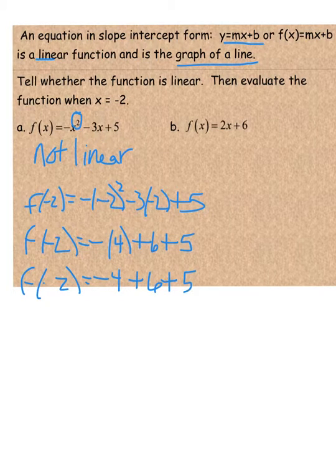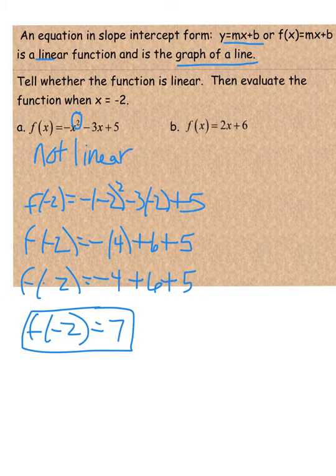And it looks like the value of the function when x is equal to -2 will be 7.